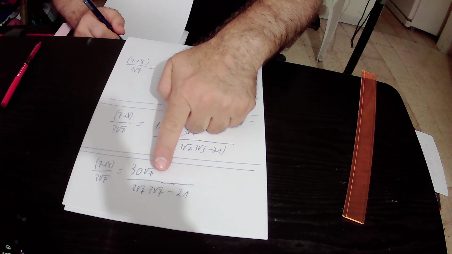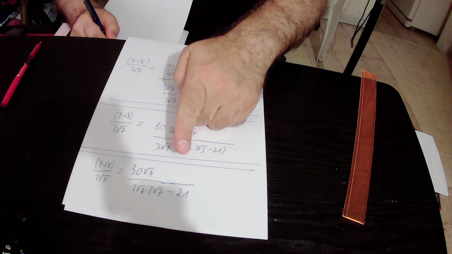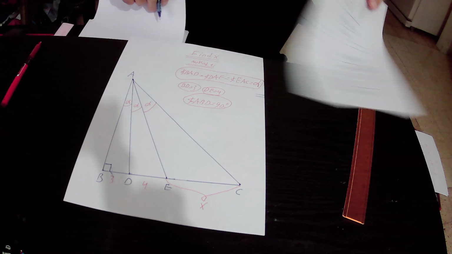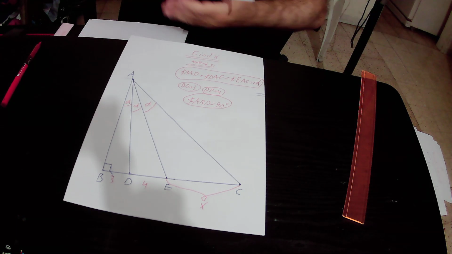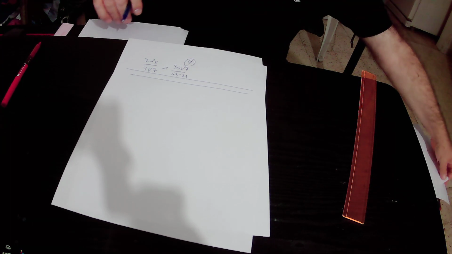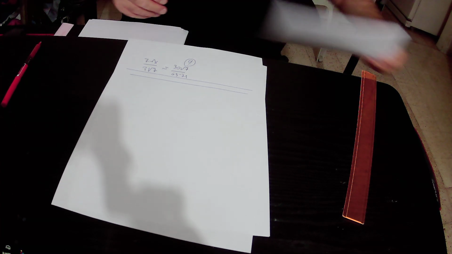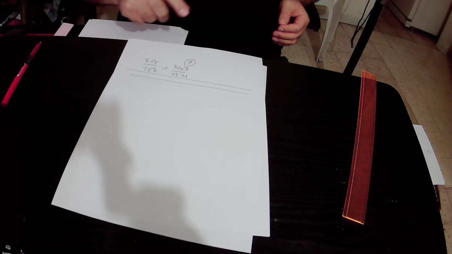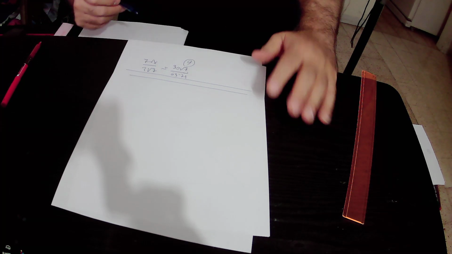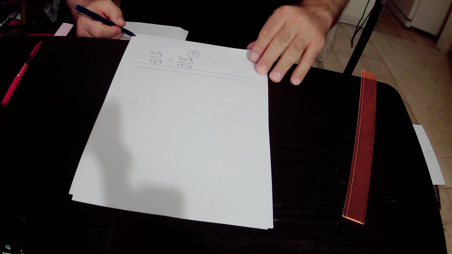So in total this expression equals 63 minus 21. So in total we got that 7 plus x over 3 times root 7 equals 30 times root 7 over 63 minus 21. Here 63 minus 21 is 42, so I write it down.